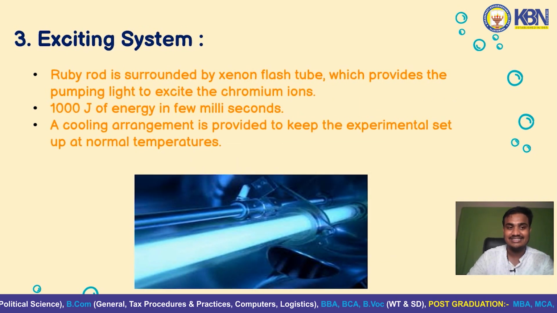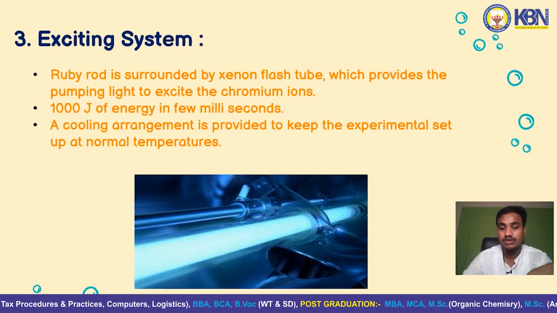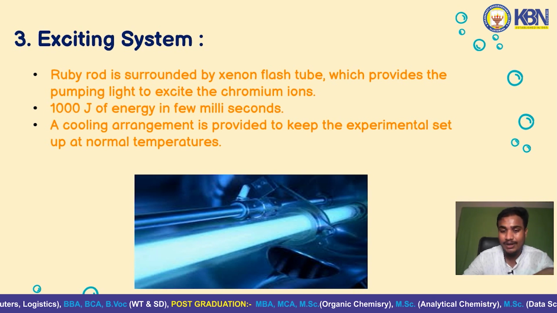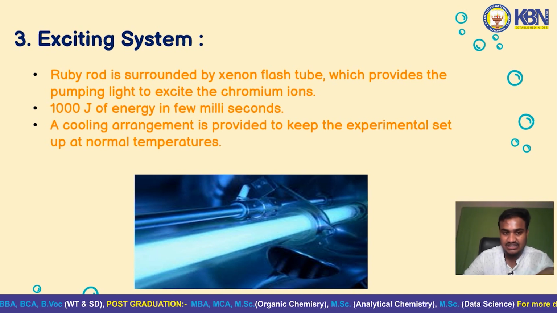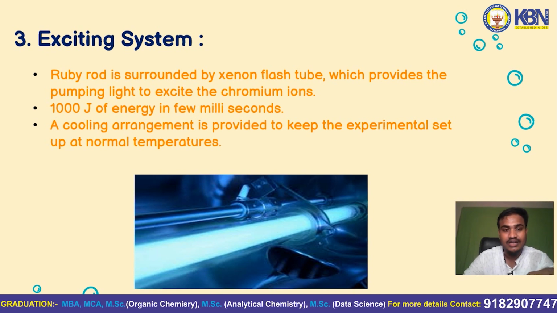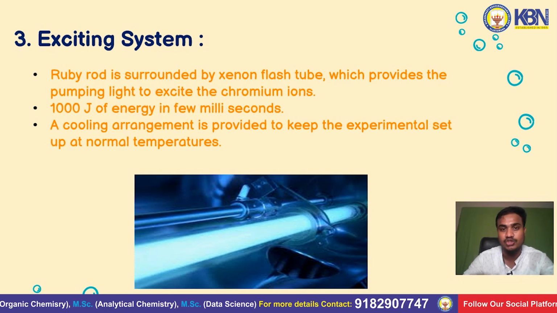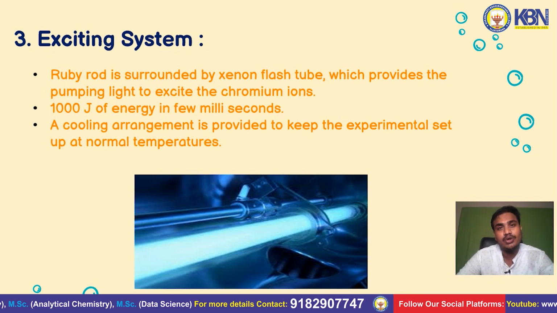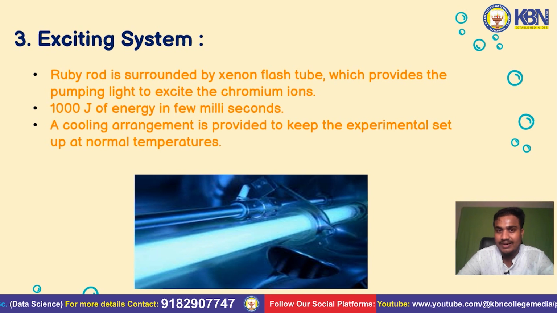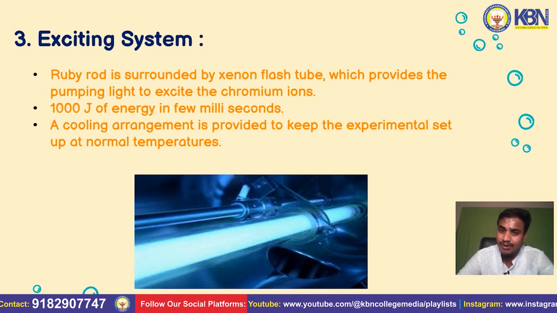Then the exciting system. What is responsible for the lasing action? A xenon flash tube surrounds the Ruby rod in a helical structure, which provides pumping light to excite the chromium ions to the excited state. About 1000 joules of energy is emitted by the xenon flash tube in a few milliseconds, but only a small amount of the light is responsible for the pumping action.